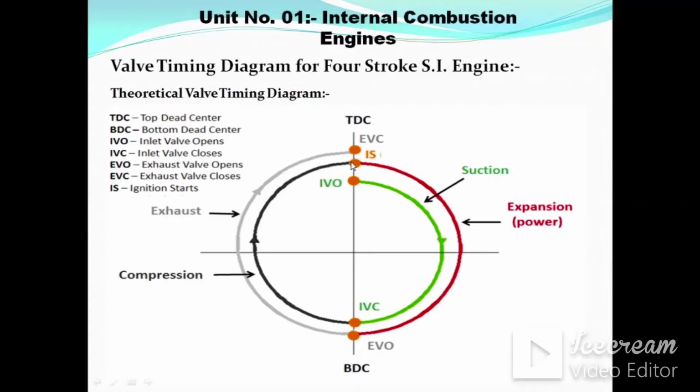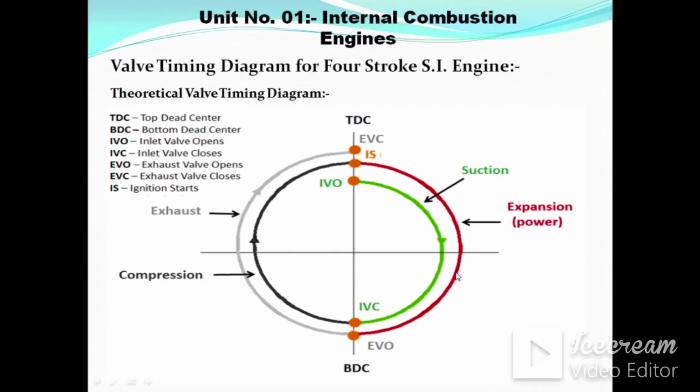At the end of the compression stroke, the fuel is ignited, meaning ignition starts. After completion of the 180-degree revolution of the crankshaft, the next process is the expansion stroke. This red curve indicates the expansion or power stroke. At this point, both the inlet and exhaust valves are closed, and the fuel is burned.